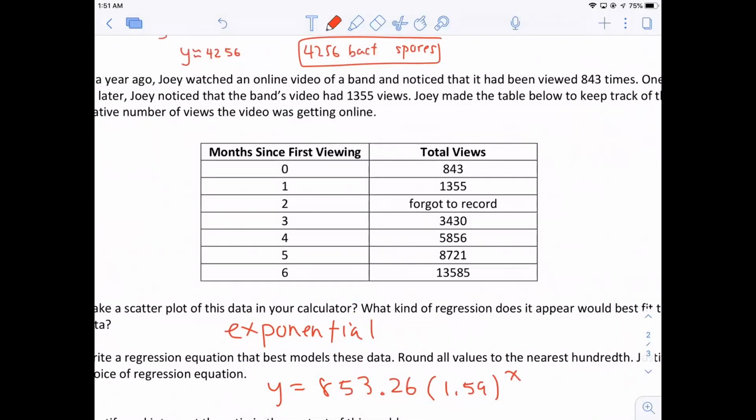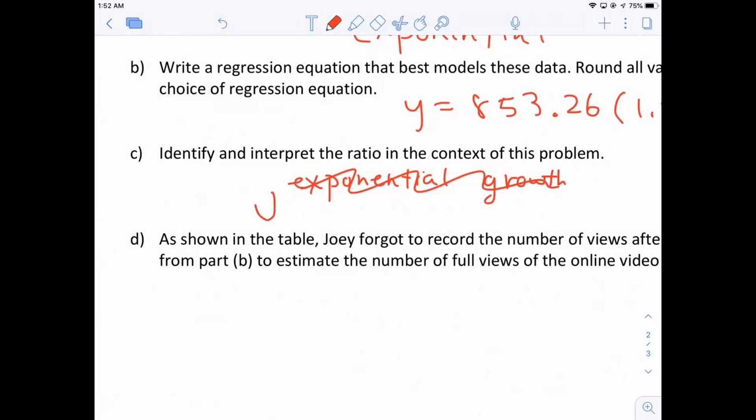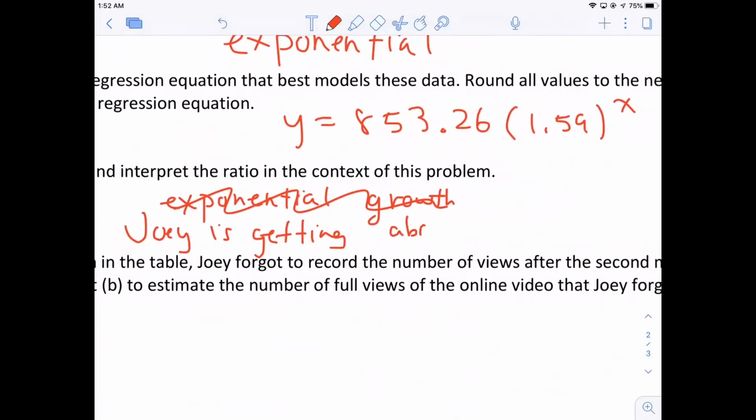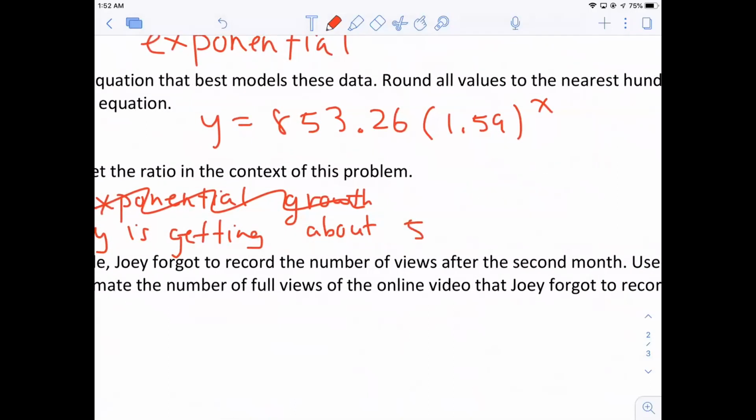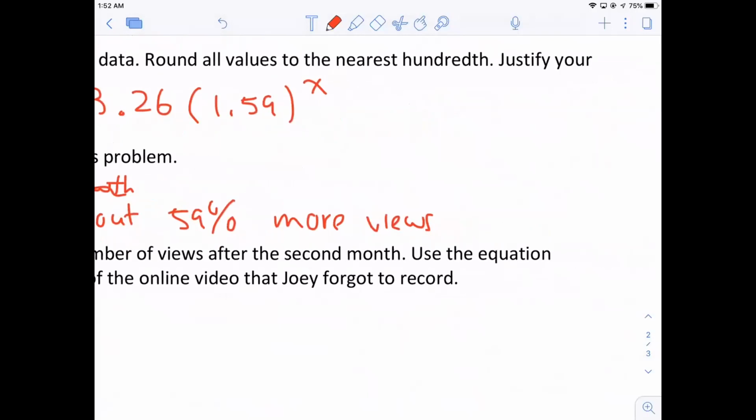And what is it? In views, each month. So in a complete sentence, Joey is getting about 59% more views each month.